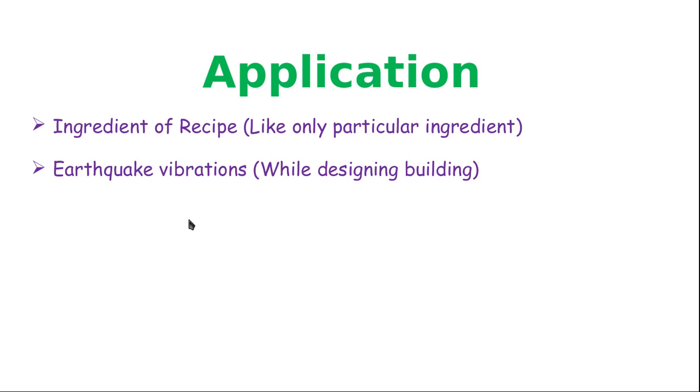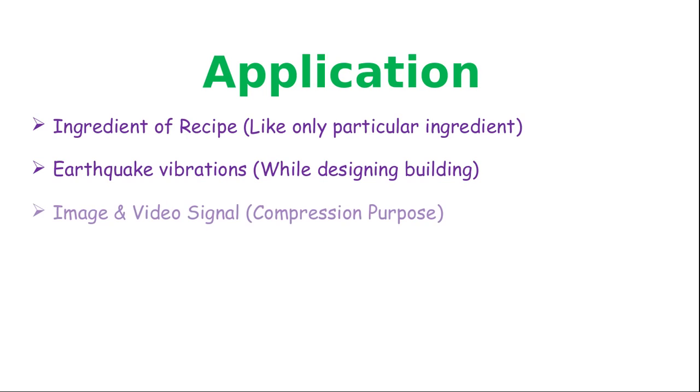If we dig down this earthquake vibration signal into different frequency components, then while designing buildings, we can design them in such a way that they tolerate the highest frequency, highest magnitude signals. If we have the different components available, then we can take those decisions. This way the Fourier transform is very helpful while designing buildings.